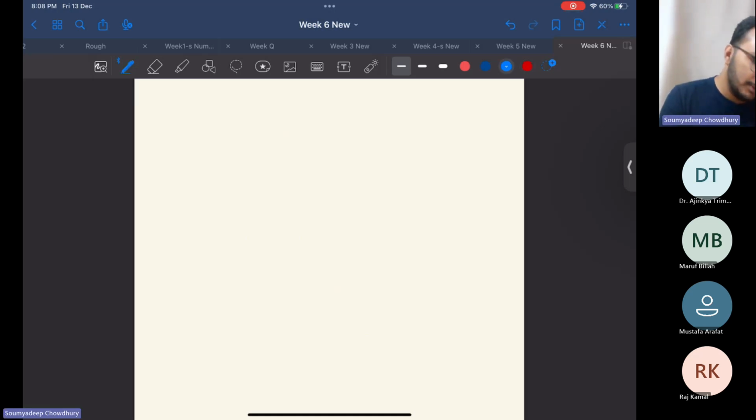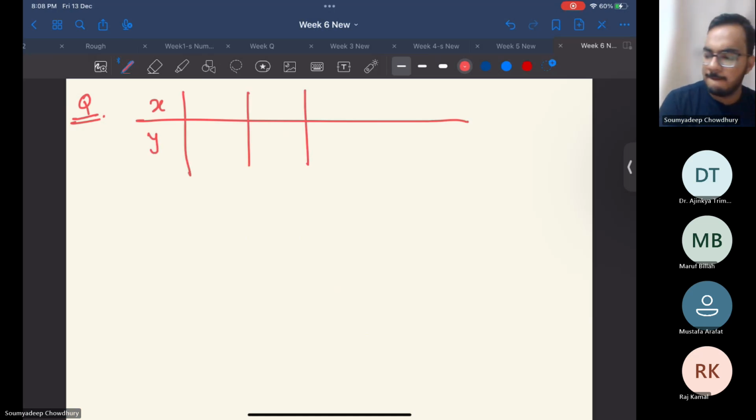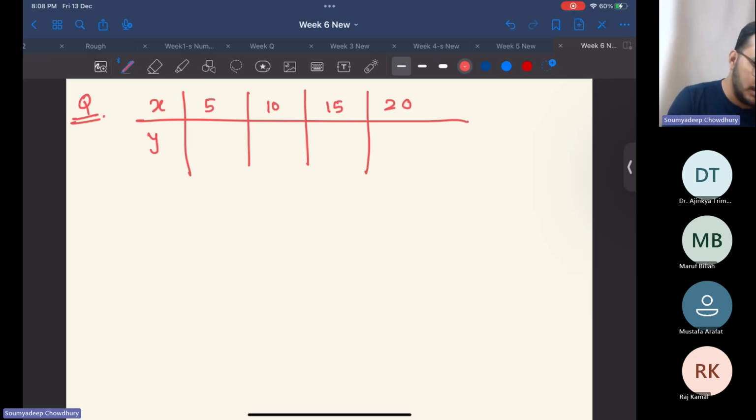Suppose you have a problem, say you are given a table like this. Suppose the tabulated values of x are 5, 10, 15, 20, and y is 10, 55, 92, 120.